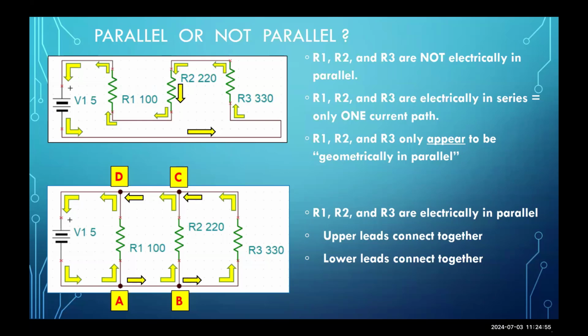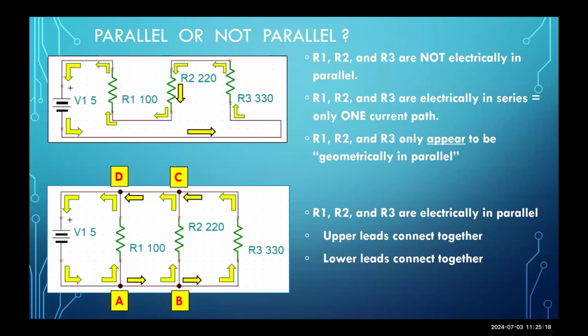Take a look at the lower illustration. Here, R1, R2, and R3 are electrically in parallel with each other. Why? Do the upper leads connect together at the top of the circuit? The answer is yes. Do the lower leads connect to another point separate of the upper wires?